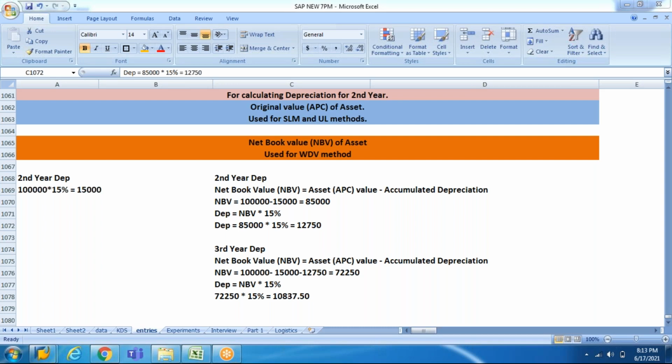Then definitely you cannot overcharge the depreciation. So whatever value is there, to that extent you will post the depreciation, and you will close the asset. We will remove it from the depreciation cycle. The moment asset value becomes zero, it will get deactivated automatically. The asset is inactive, so you cannot do any further transaction to it.